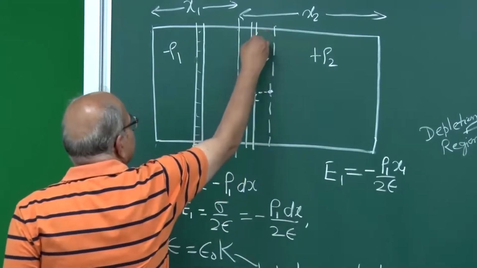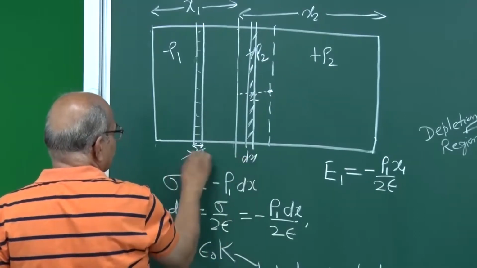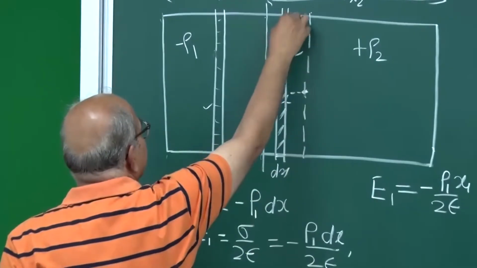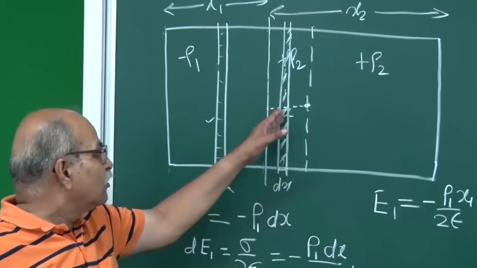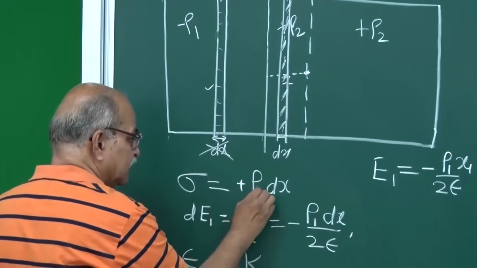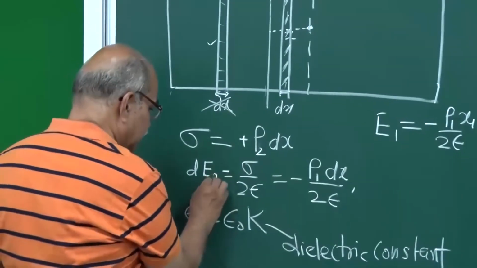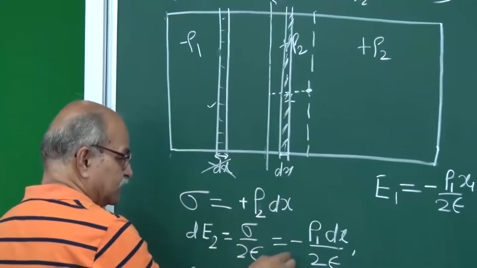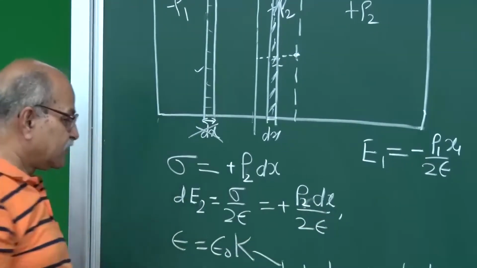Now this is the width dx I am taking, and this part is over. Once again you can treat this as a surface charge layer of surface charge density plus rho 2 dx, and dE2 will be sigma over 2 epsilon, so plus rho 2 dx over 2 epsilon.